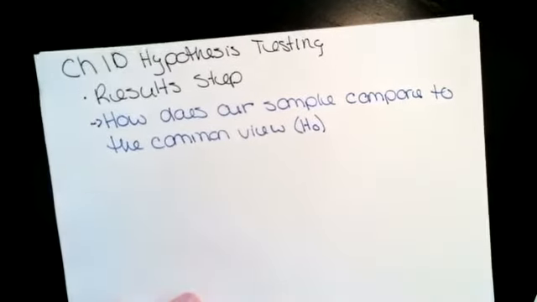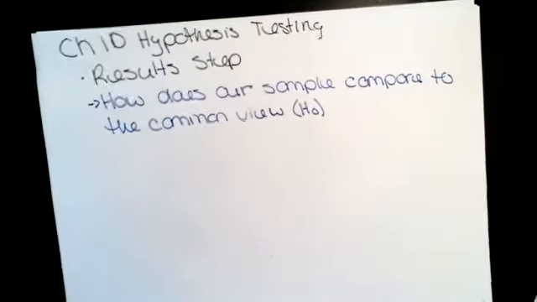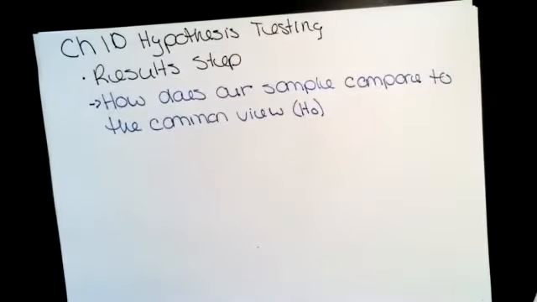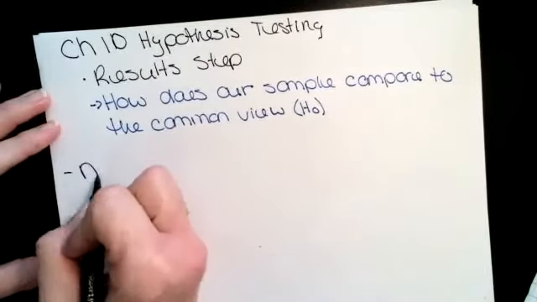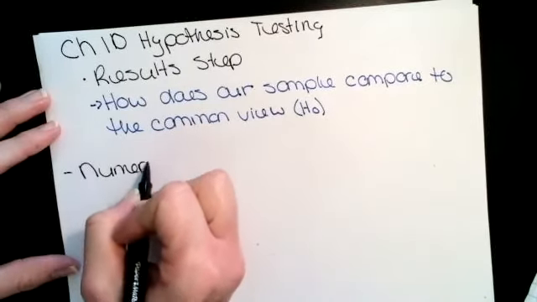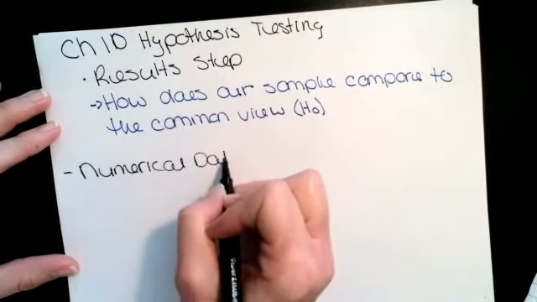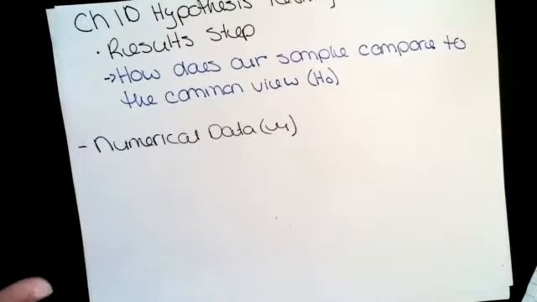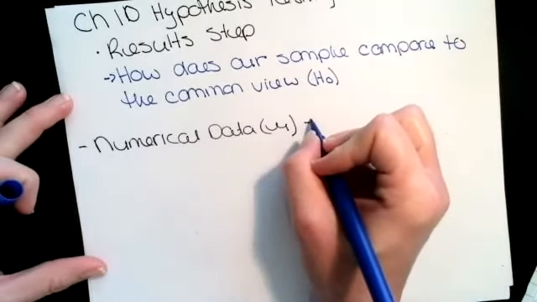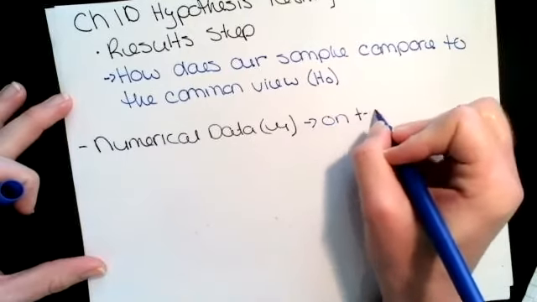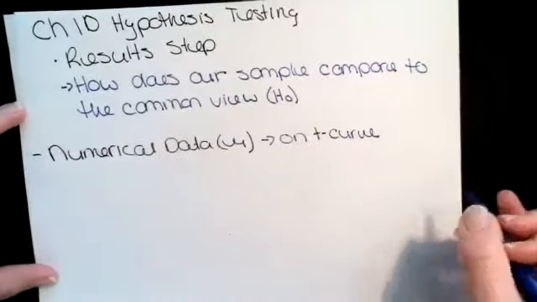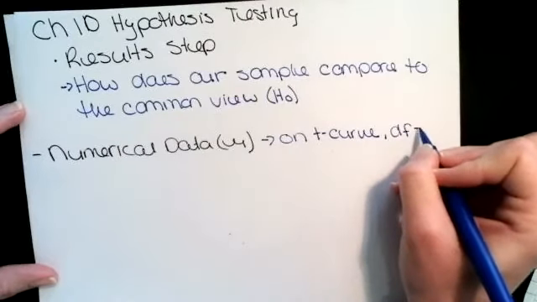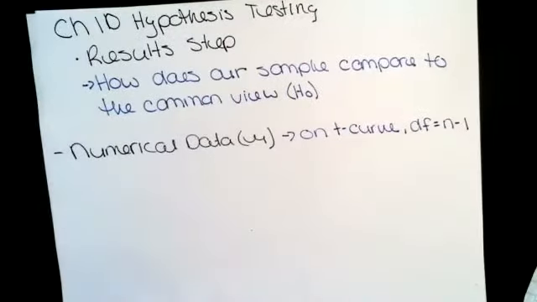So the way I'm going to look at this today is we're going to take a look at this in the numerical variable and then for the categorical variable. So remember, if we're looking at numerical data, we are studying mu for the means. And when we're studying mu, we are on the t-curve. And when we're on the t-curve, we have degrees of freedom equal to n minus 1.